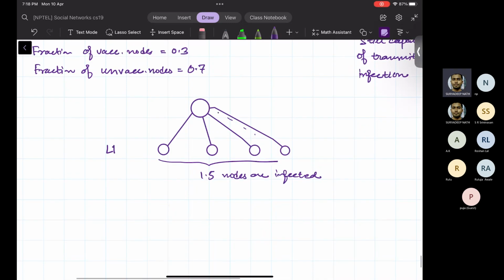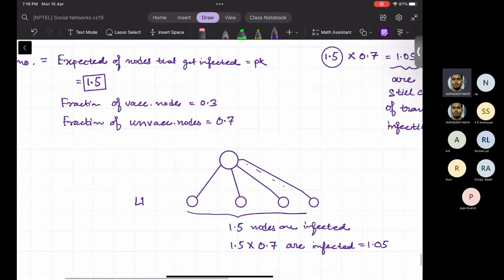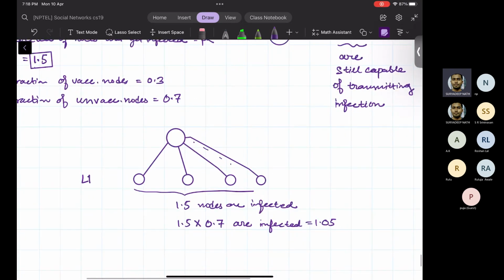After vaccine, 1.5 into 0.7 are infected, that is 1.05.